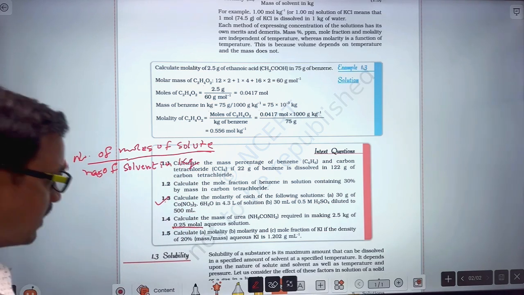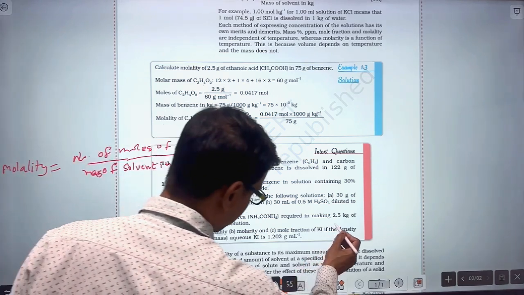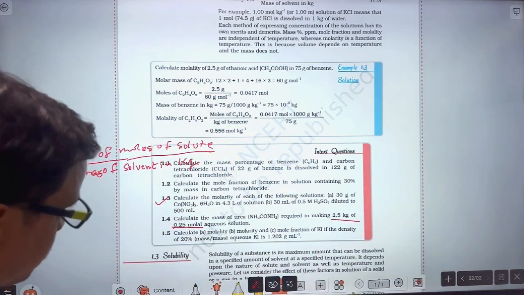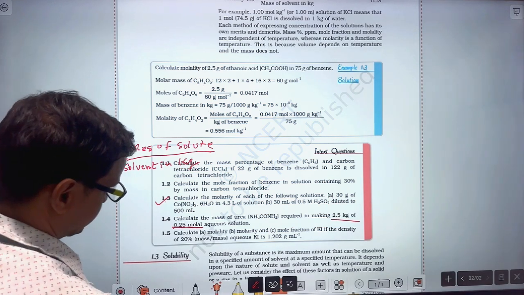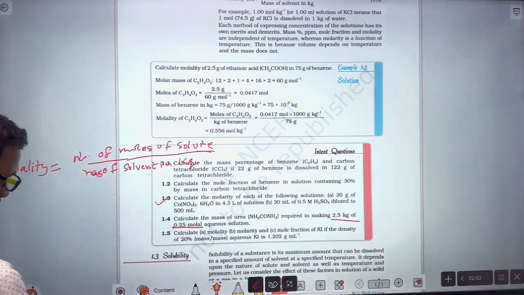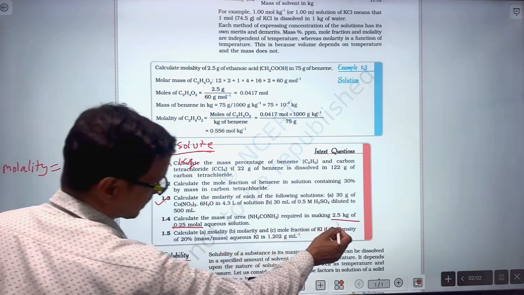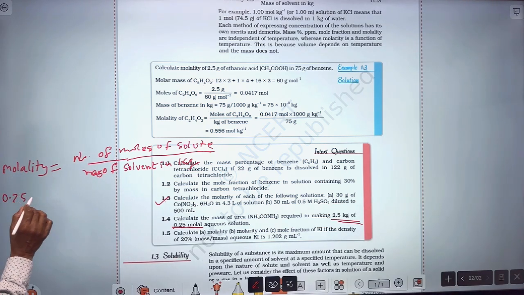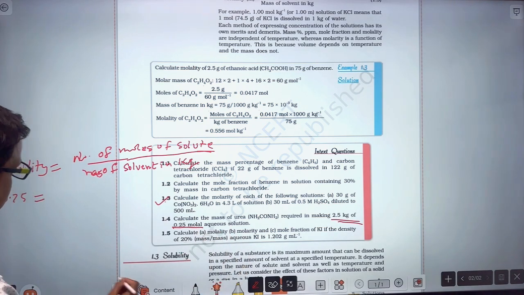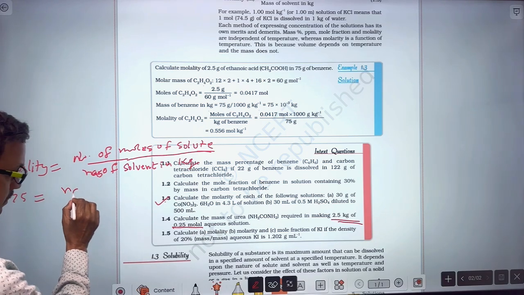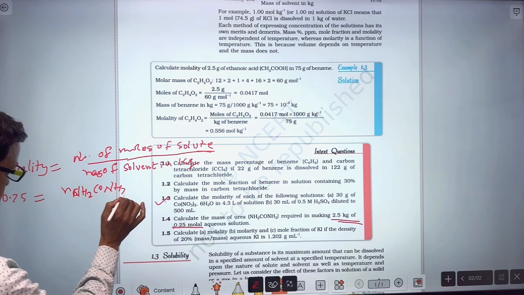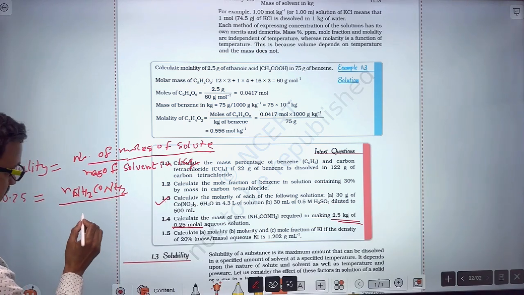Okay, here mass of solvent is 2.5 kg. Mass of urea is 2.5 kg here. So molality is here 0.25. So 0.25 will be equal to number of moles of urea upon mass of solvent, 2.5 kg.